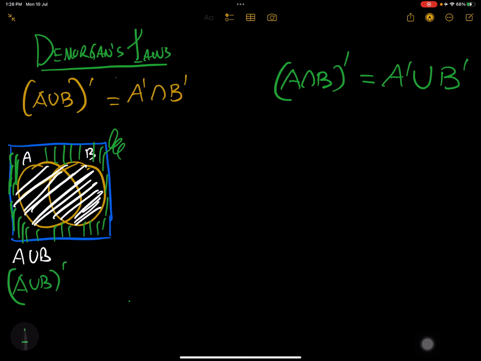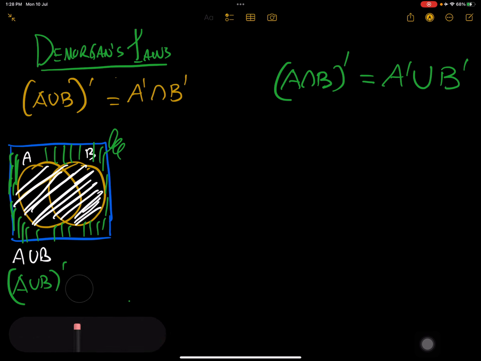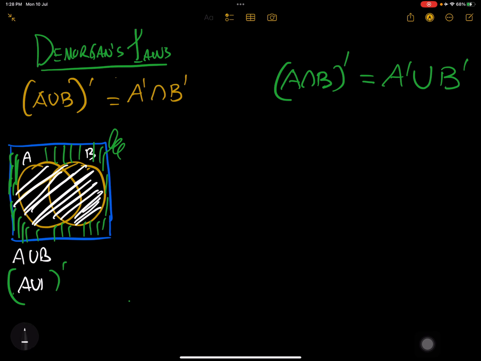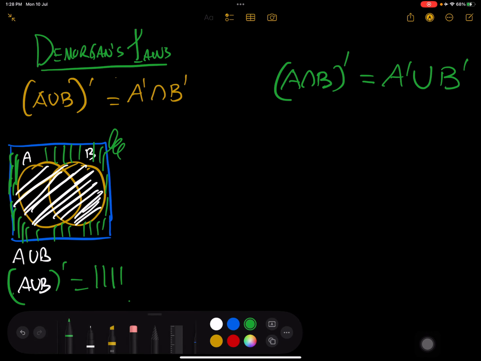A union B is the white region, and the complement is the green. Anything outside it is the A union B complement. So this one is green, and the A union B is white.